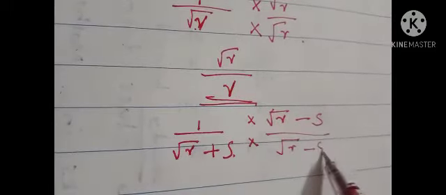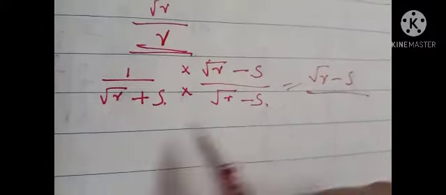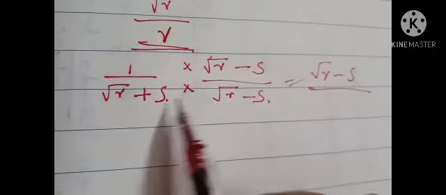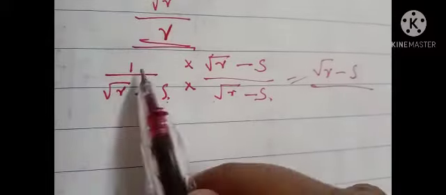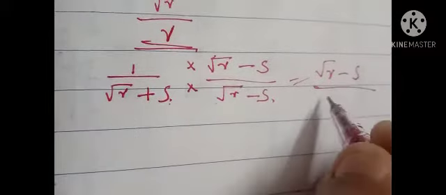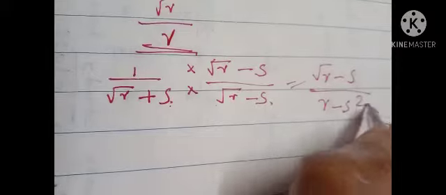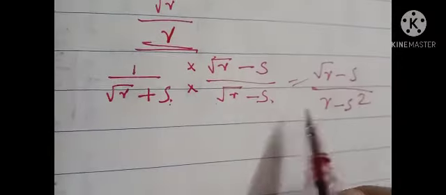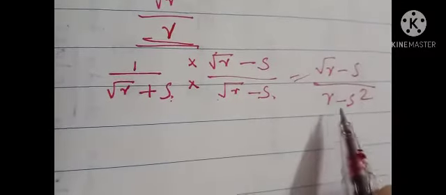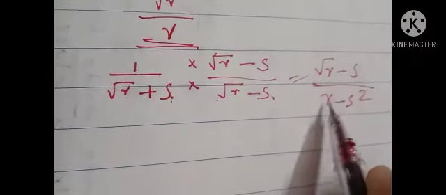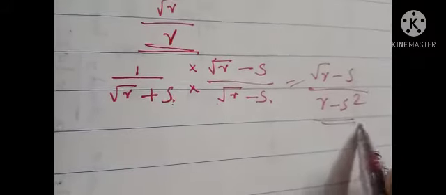Then the numerator becomes 1 into root r minus s, that is root r minus s itself. The denominator becomes a plus b into a minus b, that is a square minus b square. That is root r whole squared, which is r, and s squared is s squared itself. Between them a minus. A square minus b square.